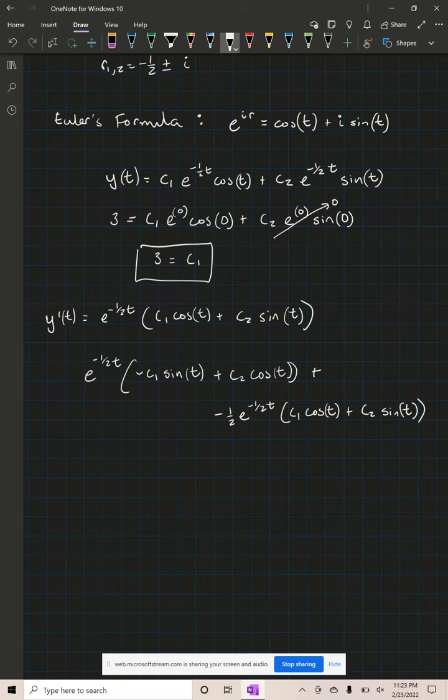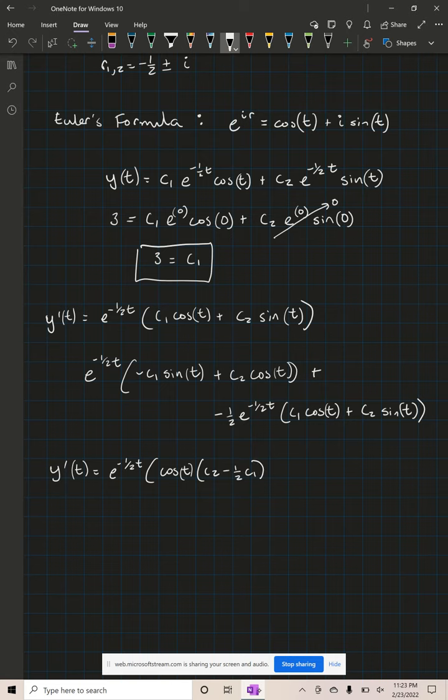Okay, so after we get to this point here, I'm just going to rearrange this really quick. So y prime of t, let's see, we'll get e to the negative 1/2 t times cosine of t times c2 minus 1/2 c1.